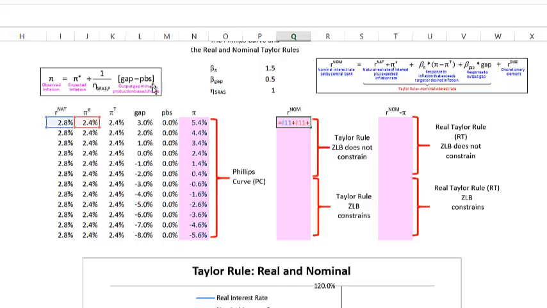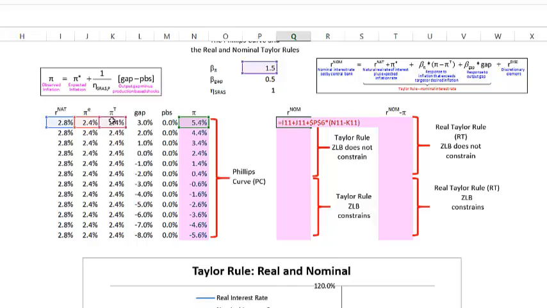So we start off here with this parameter, beta, and we're going to nail that down, and then we're going to put the inflation rate, which we just calculated from the Phillips curve, minus the target rate of inflation.